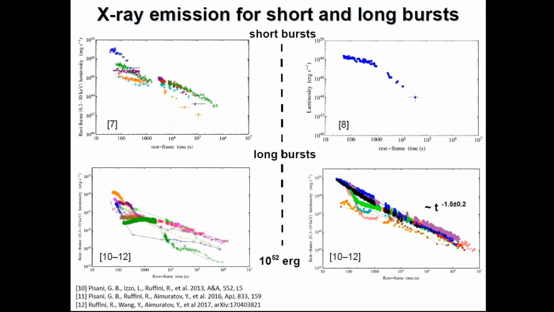And in particular, this feature is the one that, when we study it, tells us something about the interaction of the gamma ray with the supernova.